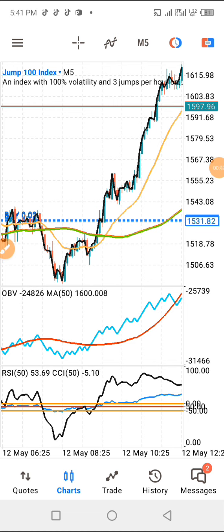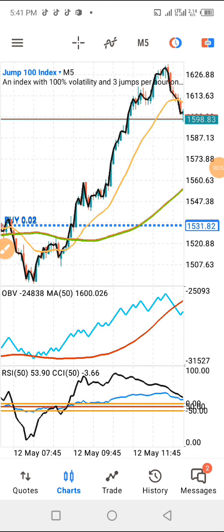Now in today's strategy, we're going to be using trend, and at the same time we'll be talking about volume, because some of you who are new to trading don't know that sometimes your trend, especially the higher time frame trend, can be different from what you have in your lower time frame.